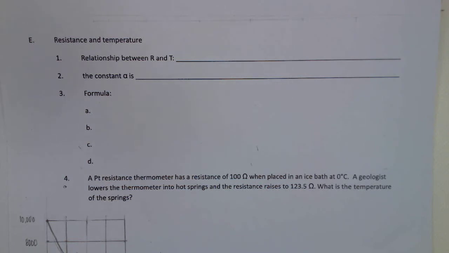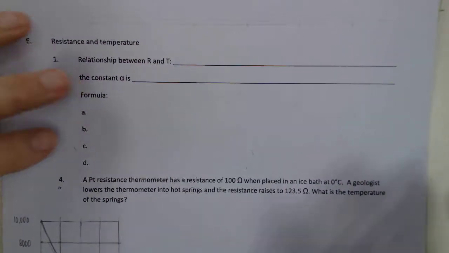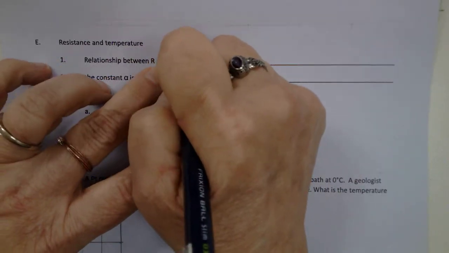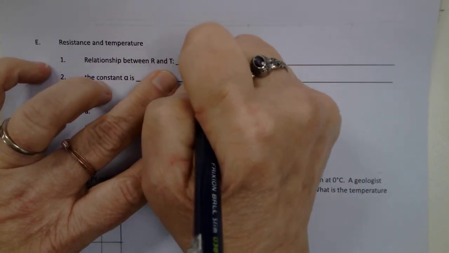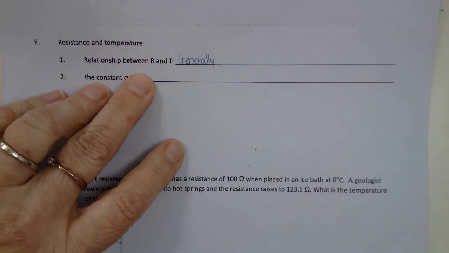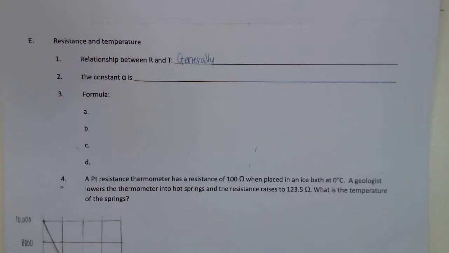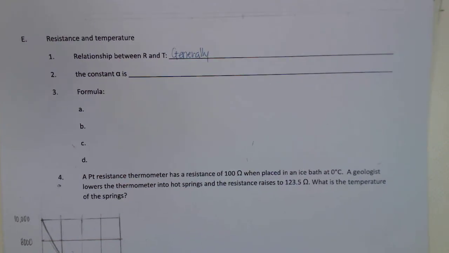The relationship between resistance and temperature is that generally, not universally, but generally, what would you expect to have happen? As temperature increases, what would you expect to have happen to the resistance?